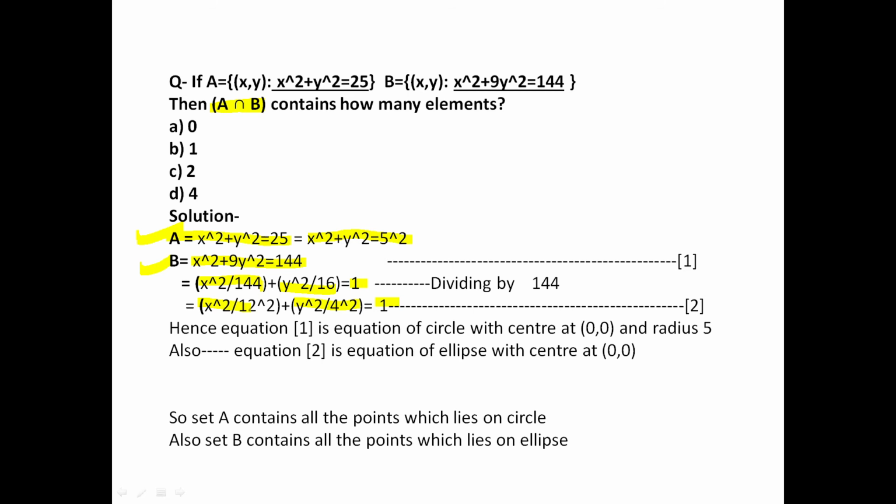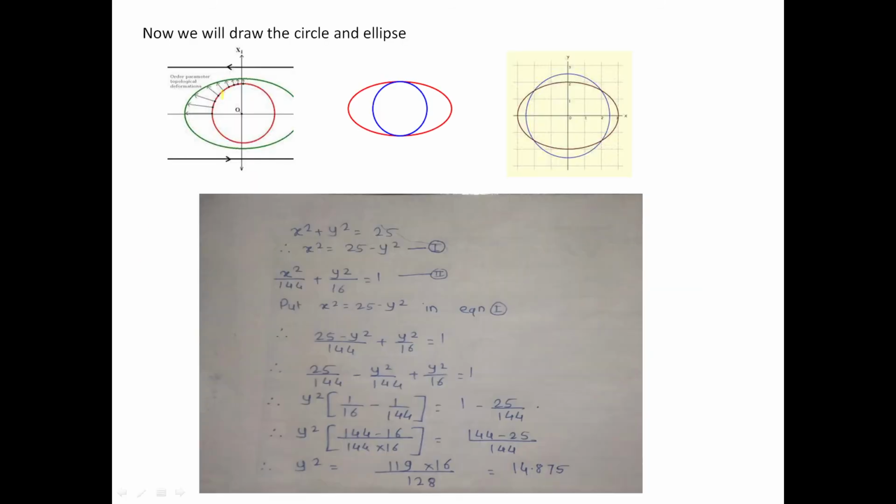So I will assume the cases. In the first case, the ellipse and circle never intersect, so they intersect at 0 points. In the second case, the ellipse and circle intersect at 2 points.